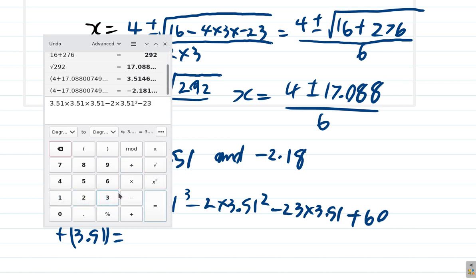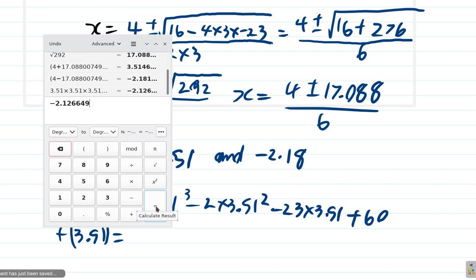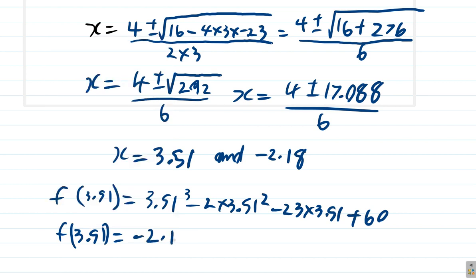Minus 23 by 3.51. Plus 60. Alright, what does that give us? Equals negative 2.13.